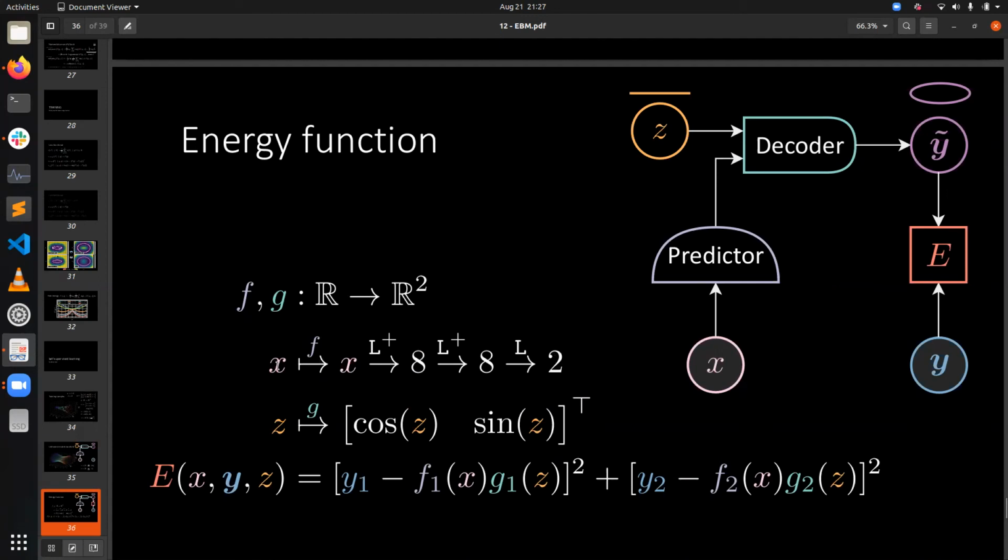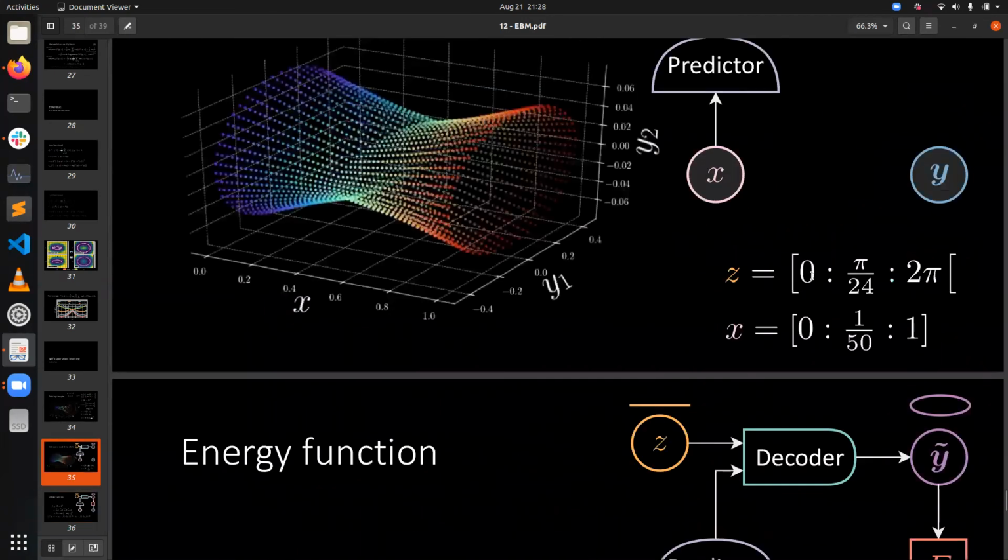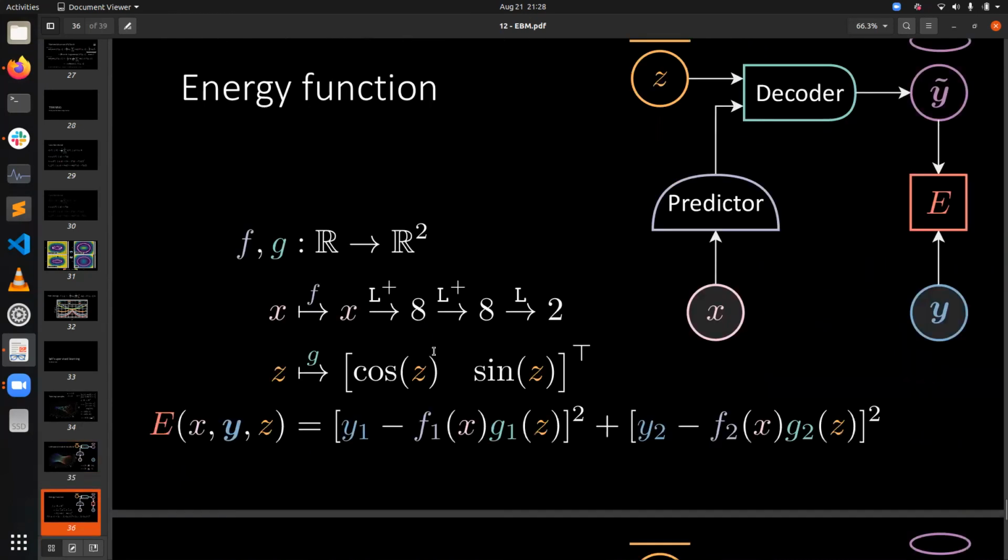So you have an x which goes through a neural net and gives you a 2D vector, and z is the latent variable which ultimately gives us that ellipse. As we vary z from 0 to 2 pi, we get that ellipse for each x. So the z term is cosine z, sine z transpose.